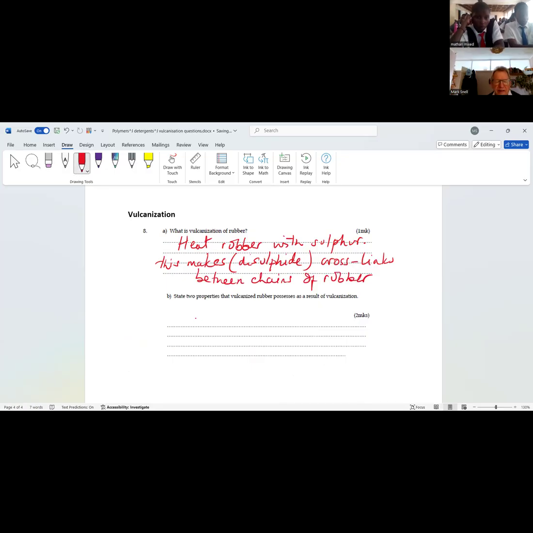Now what that does is it means that the rubber chains cannot move over each other so quickly. So when it says state two properties that vulcanized rubber possesses, it is stronger because the cross links help to hold them together. It is less flexible.